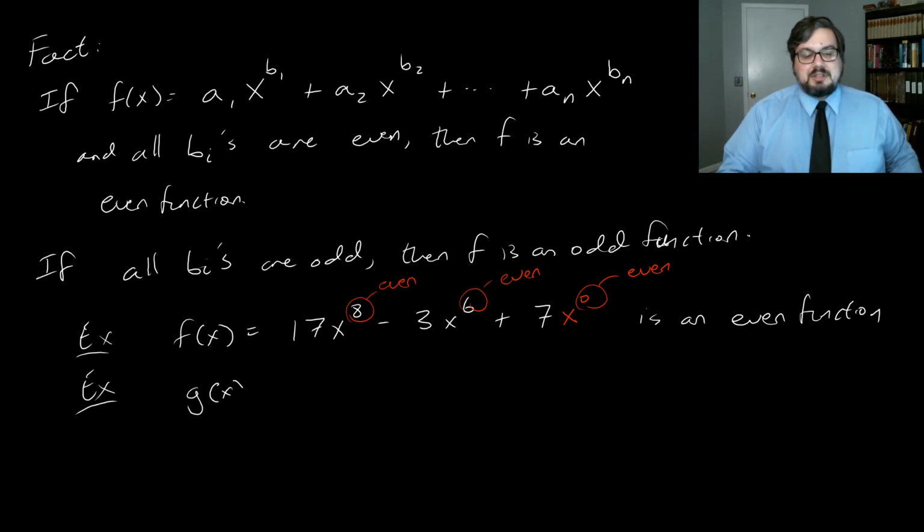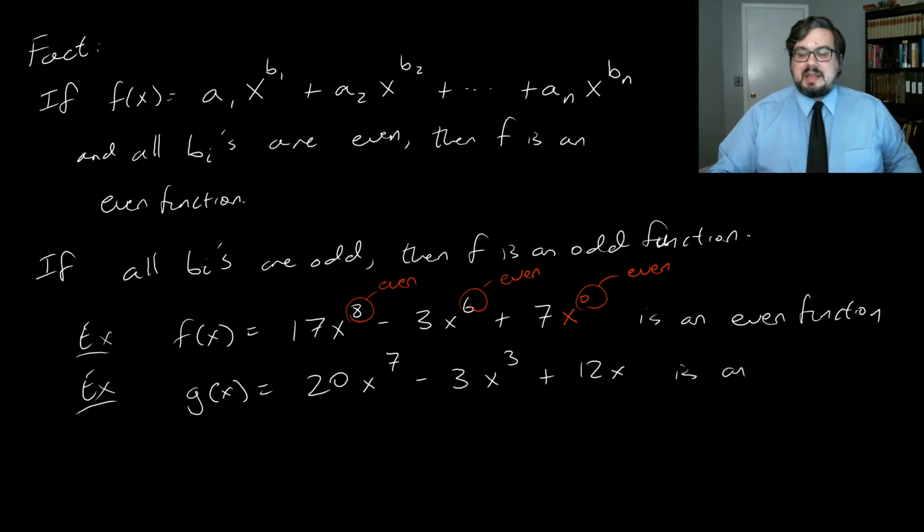And if I take g of x to be 20x to the 7th minus 3x cubed plus 12x, this is an odd function. Now, it's important to note these are not the only even and odd functions. For instance, we just saw an odd function in the last example that doesn't satisfy this pattern.